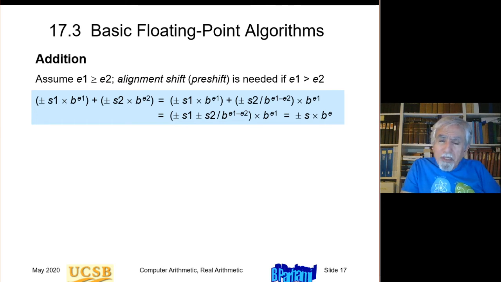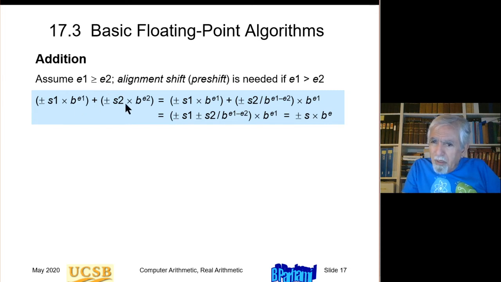Okay, so let me talk a little bit about basic floating point algorithms, starting with addition. Here I've shown two floating point numbers, one with significand S1 and exponent E1, the other with significand S2 and exponent E2, and let's say E1 is greater than or equal to E2.